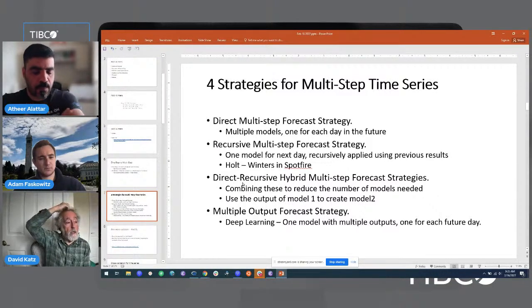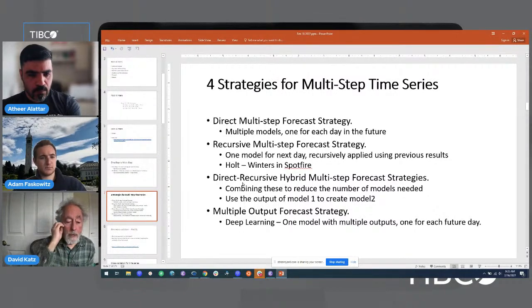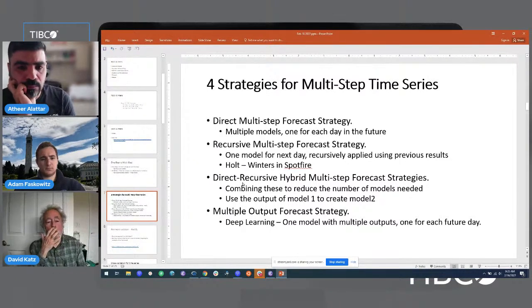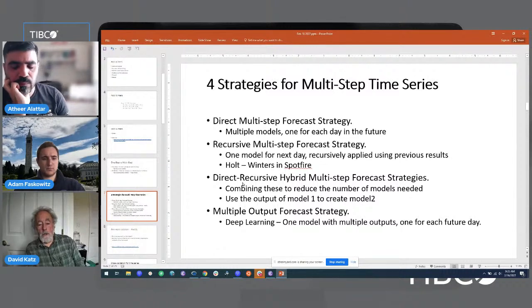There's a nice article by, I forget his name, but he's written a lot of articles about this. There are four strategies. You can do the direct multi-step forecast, where you build a separate model, one for each day in the future, or you can recursively apply your model once you've forecasted one day.